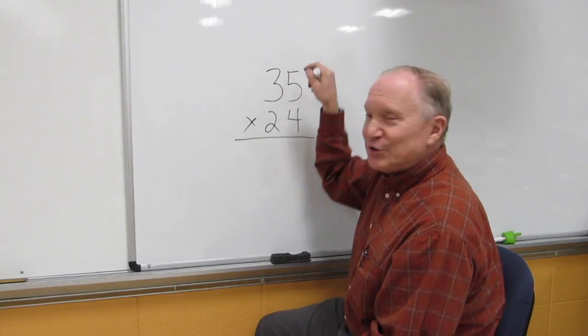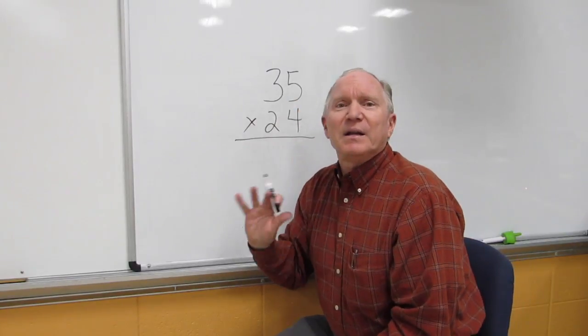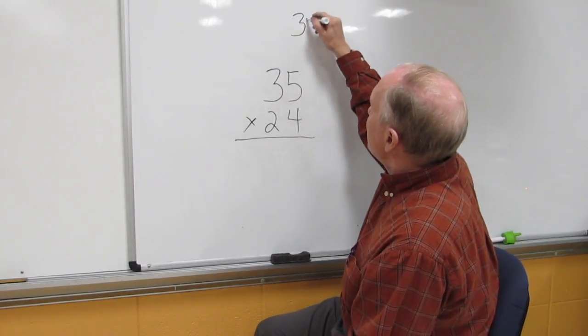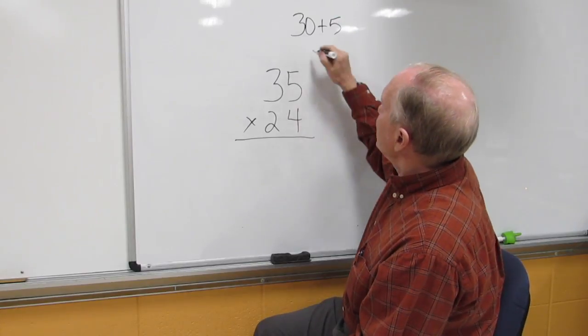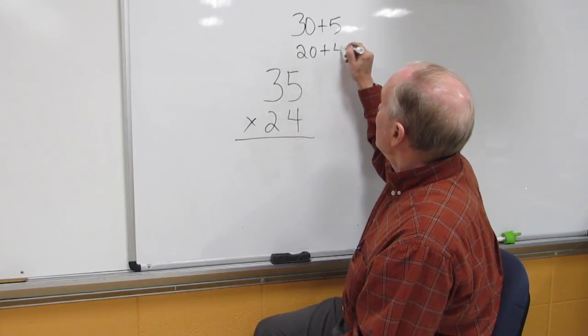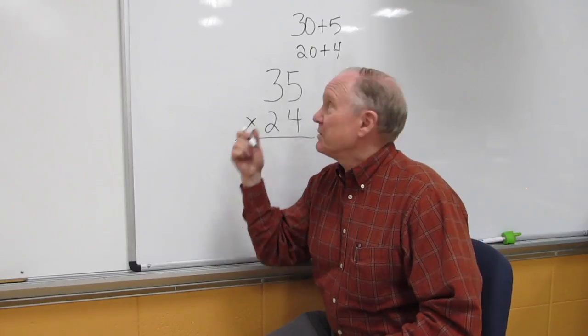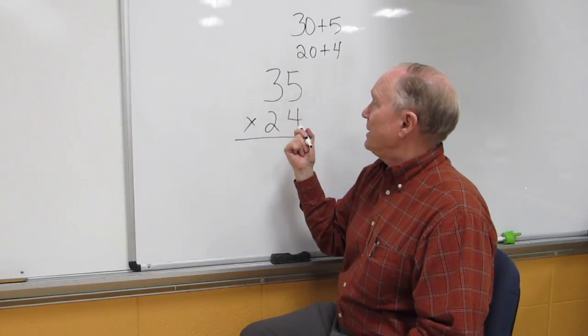When we do our little trick, we kind of skip over that basic fact. And they're not allowed to skip over those basic facts. So we're looking at this as 30 plus 5, and this is actually 20 plus 4. Now that's not just Common Core weird stuff, that happens to be the way it is. That's what these numbers are. That's what, in the base 10 number system, they really mean.